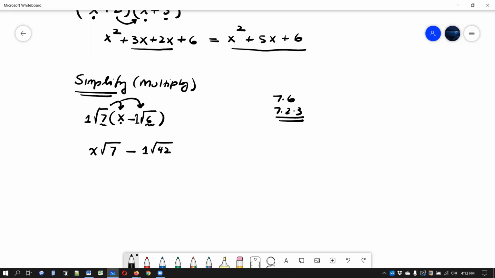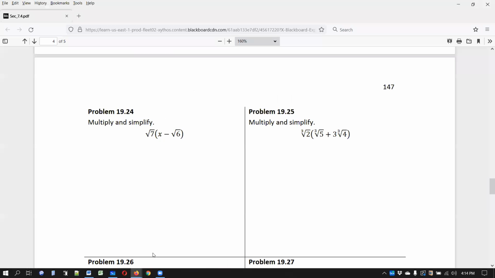There's nothing I can do to simplify. So this would be my final answer. Or if you want, you don't have to write the 1, you can just do this. So this will be perfectly okay. Be prepared, however, for a possibility that you might have something here that we have to simplify. Okay? So that's the first case.